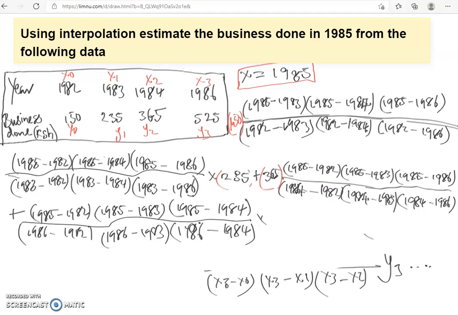Then we multiply this, the way we did here, with our y3, which is 525. So we multiply this by 525.